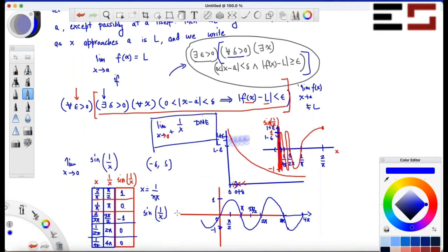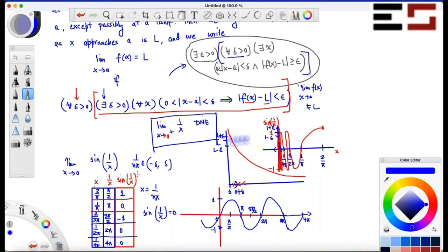It's 0. Now do you agree that for n large enough, 1 by n pi lies in this interval minus delta to delta, no matter how small delta is? Because 1 by n pi is a number which is getting close to 0. I can make this n very big and this number will become very small. Do you agree?